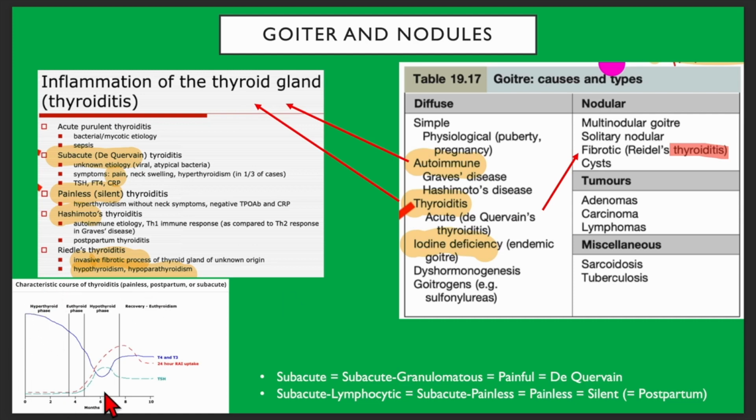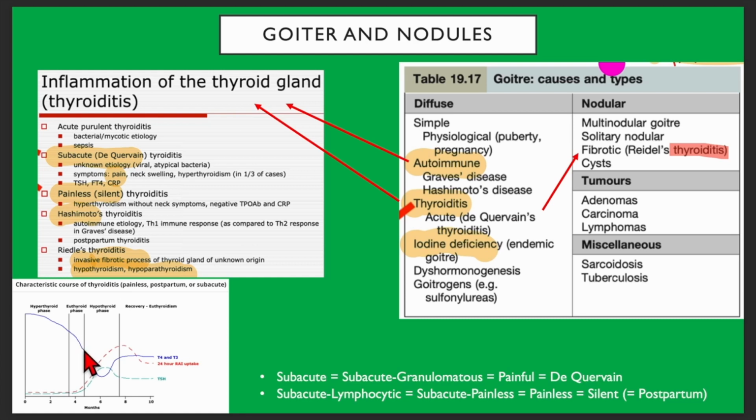Now, this is the course of the subacute thyroiditis. They start with a hyperthyroid phase. This is because there is a destruction of the follicles and the preformed thyroid hormone is getting secreted into the blood. Then we have a euthyroid phase, when it's not secreted so much anymore.